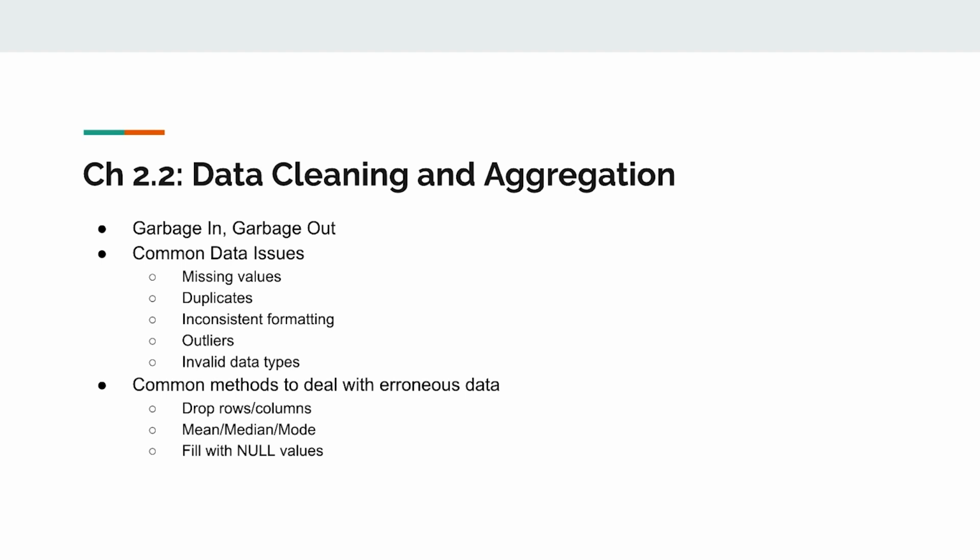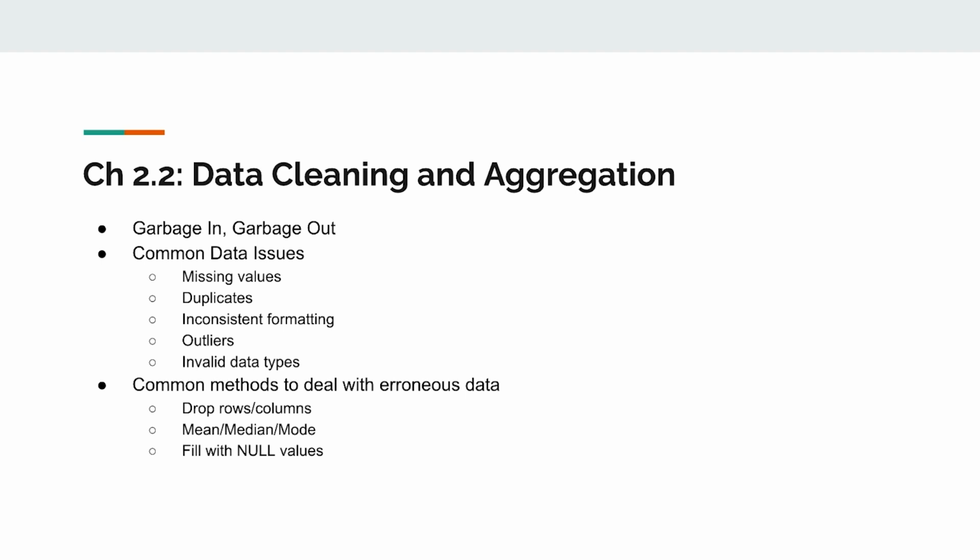So these are some of the key options. There are so many different ways data could be erroneous, which means there are many different ways to deal with them. And what I'm presenting here are the most common ways. But again, it's not limited to these options.